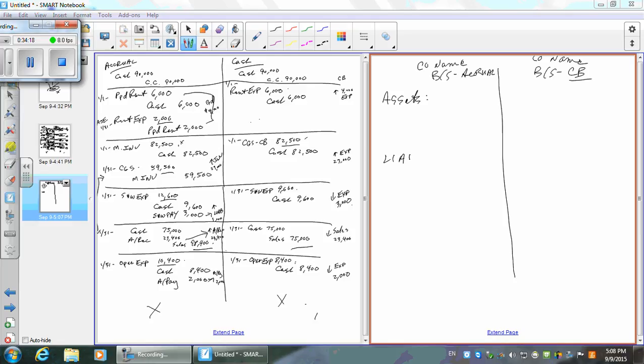Liabilities, equity, assets, liabilities, equity. I personally believe that the liabilities plus equity will equal the assets.